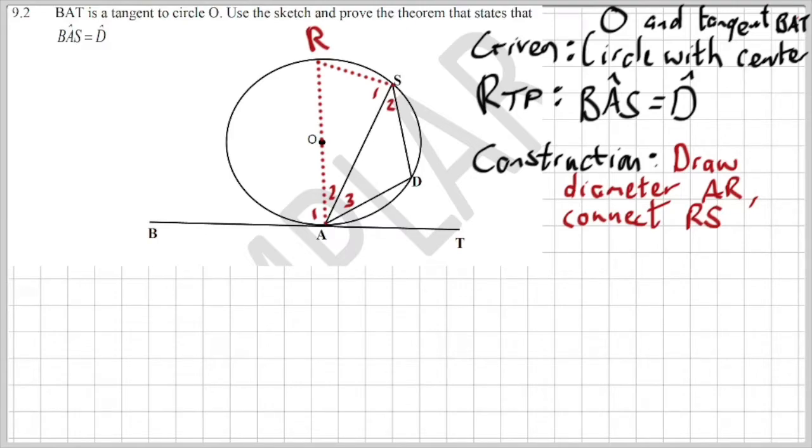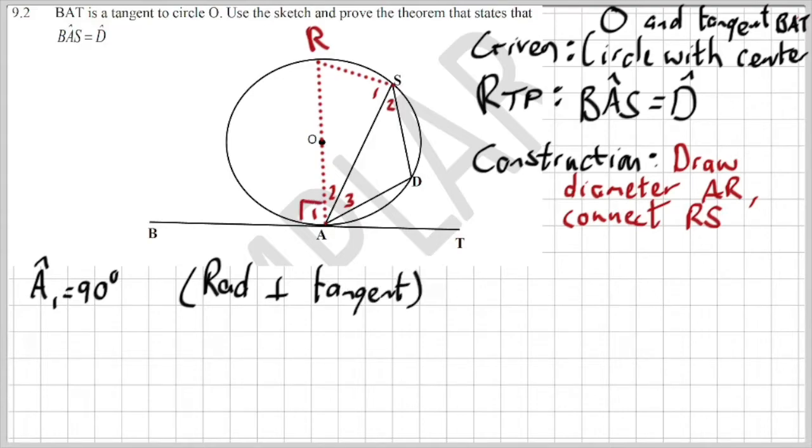Now I'm going to start with what I know when I've got a radius and a tangent. Oh my goodness, where's my mind? First of all, angle A1 is 90 degrees because the radius is perpendicular to the tangent.